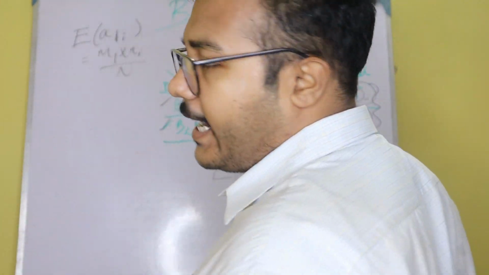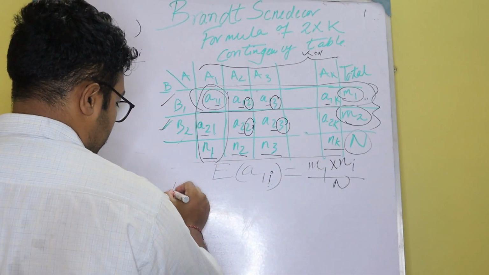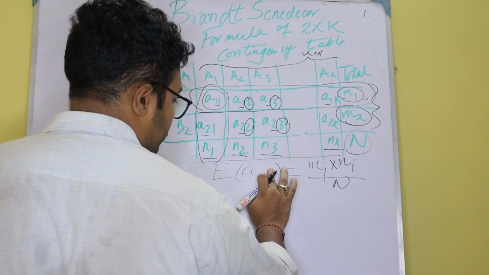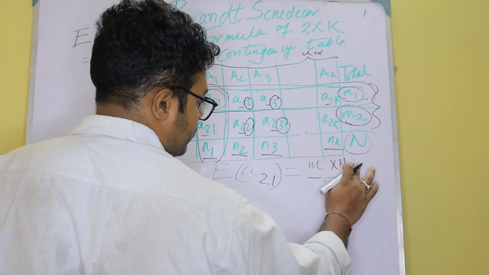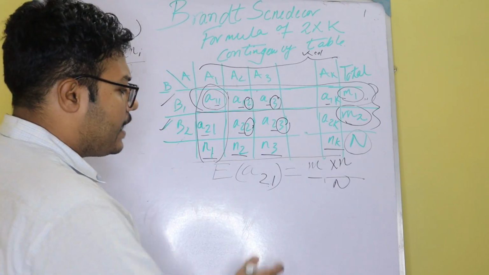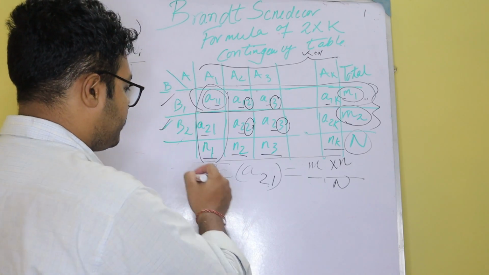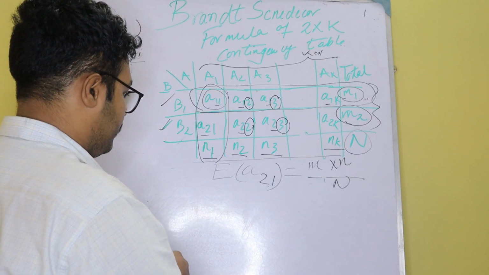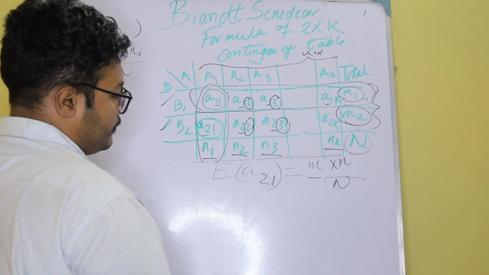Coming to this second row. If we are asked to find the expected value of a21, what is a21? It is this element.